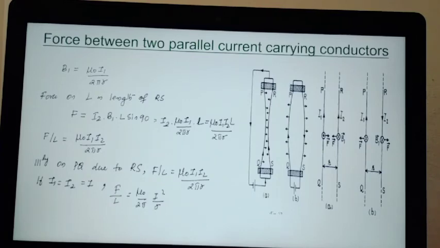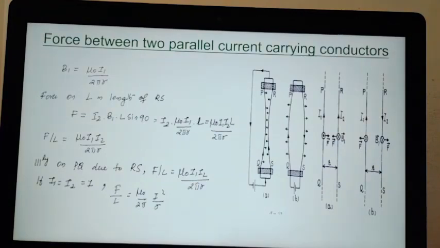So you can define 1 ampere of current from that. 1 ampere is the current which, when flowing in each of the two infinitely long parallel conductors 1 meter apart in vacuum, produces a force of 2 into 10 to the power minus 7 Newton per meter between them. If you have two current carrying conductors kept parallel to each other, and they experience a force of 2 into 10 to the power minus 7 Newton per meter, then the current flowing through each is 1 ampere.